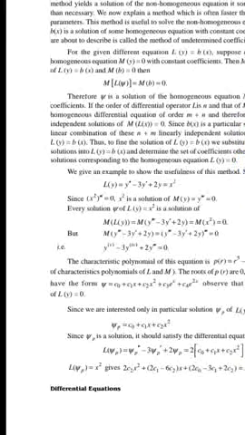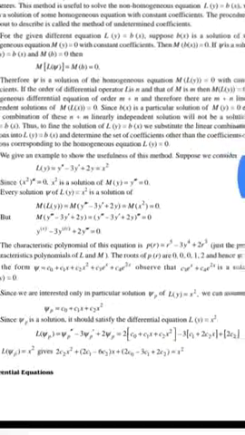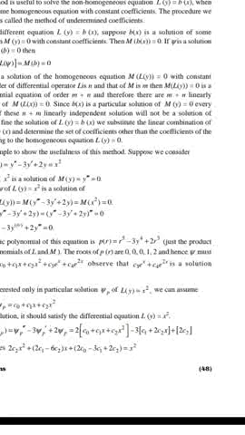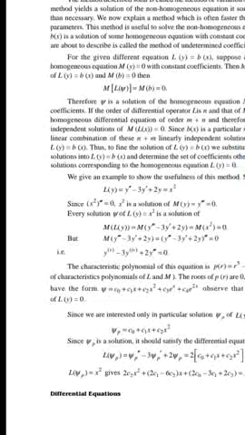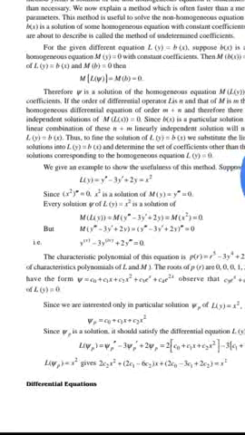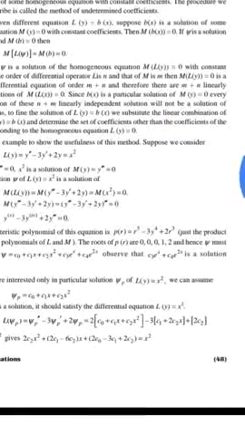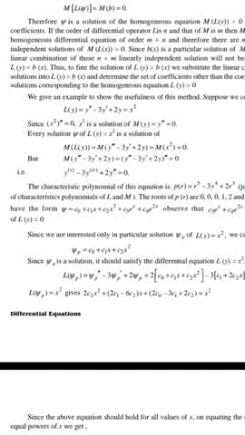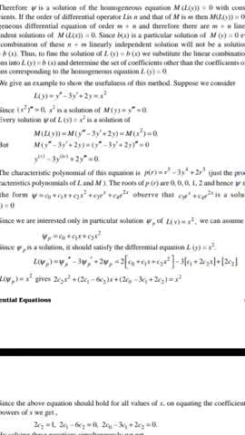Thus, to find the solution of L of y is equal to b of x, we substitute the linear combination of the solutions into L of y is equal to b of x and determine the set of coefficients other than the coefficients of the solution corresponding to the homogeneous equation L of y is equal to 0. We give an example to show the usefulness of this method.